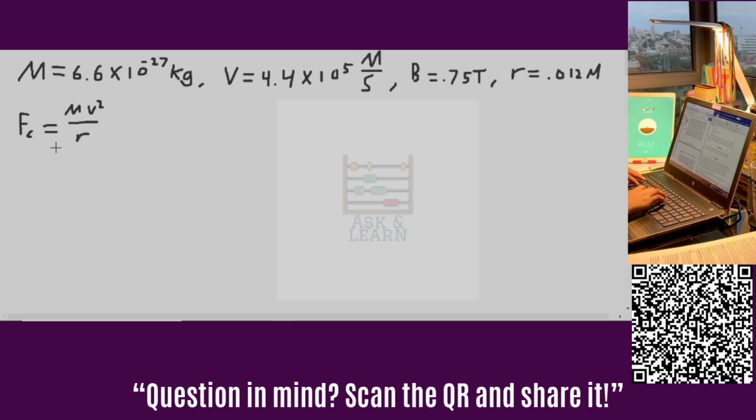If there was no centripetal force, it would just fly off straight instead of continuing in circular motion. And we know that this is caused by the magnetic field. So this F sub c is the same F used in the magnetic force equation. You could write it as F sub b, but since they are the same thing, I'm just going to use the same notation.